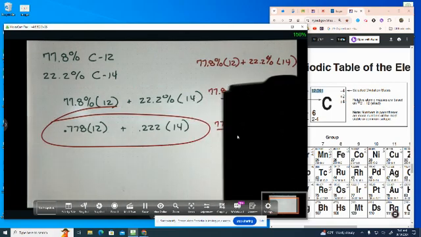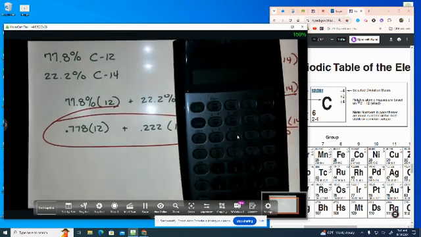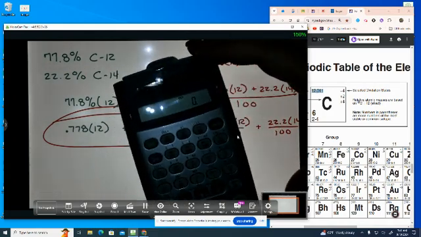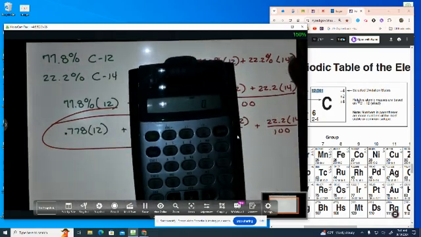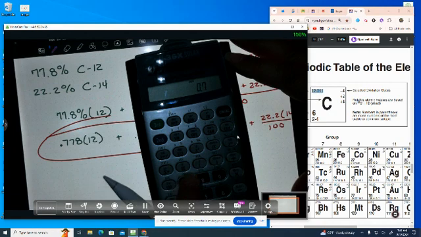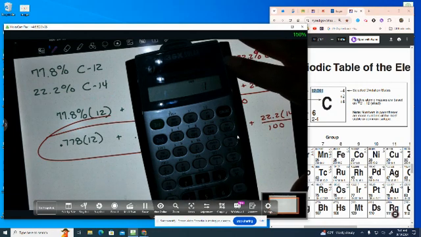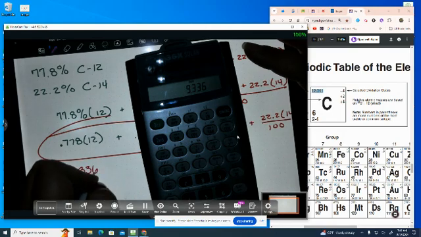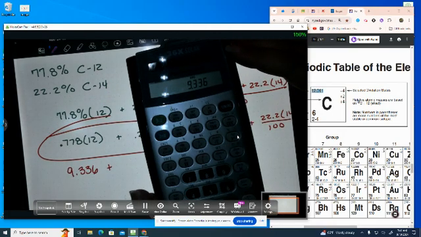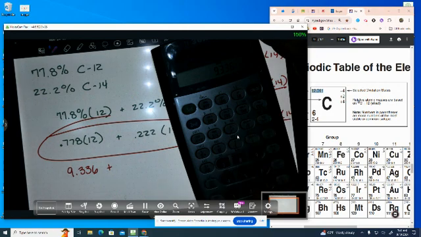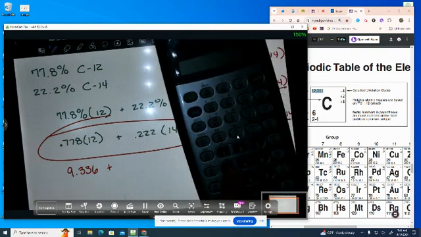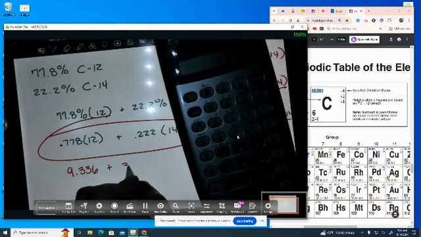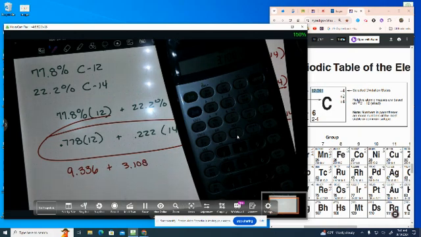Okay, 0.778 times 12 gives us 9.336 plus, I'll do it in two steps, 0.222 times 14, which is going to give you 3.108.